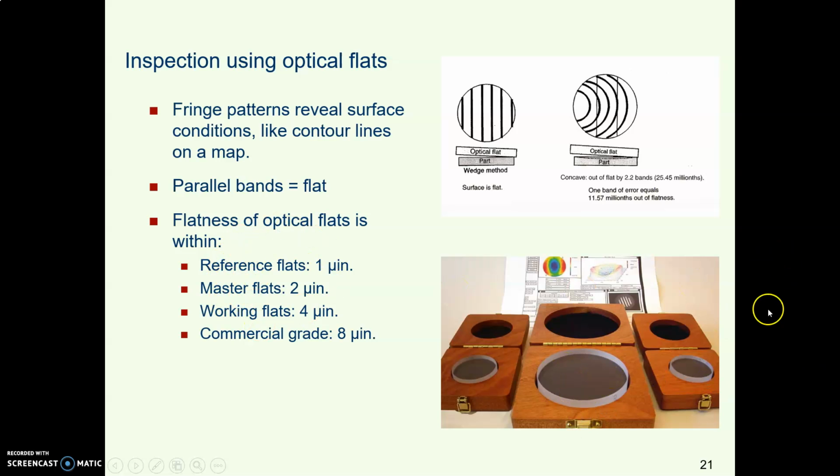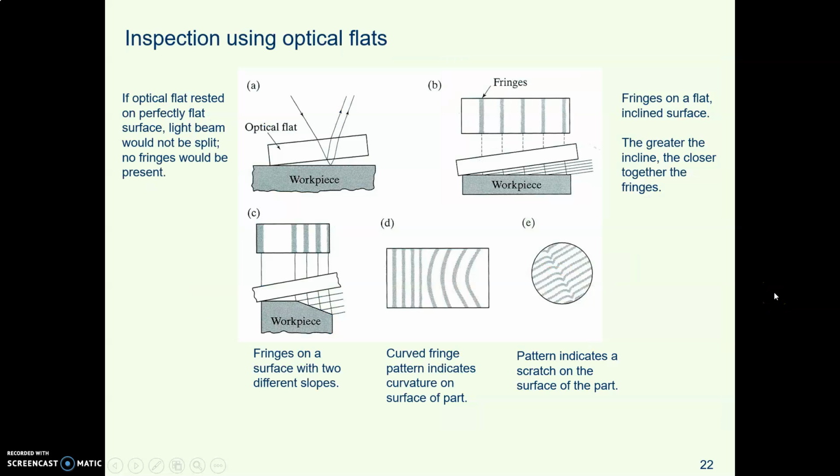And when you put your optical flat, your piece of glass, over the part you're inspecting, light comes through that glass and gets bent, and reveals these fringes, these dark lines in the glass.